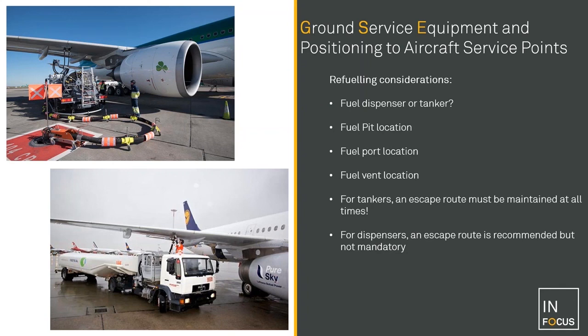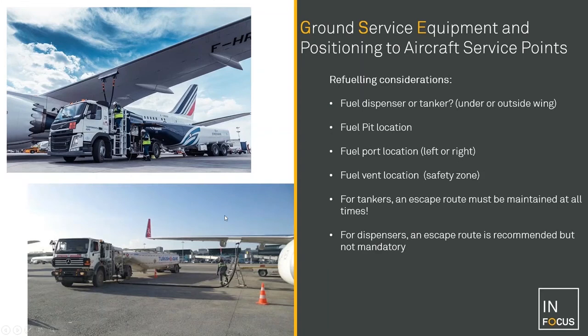But it can also bring other problems with it. You'll see here in this picture also, as a rule, the aircraft are refueled on the right side of the aircraft from the pilot's view. And you'll see here a 737 being fueled, and you'll see the truck is parked outside the wing.